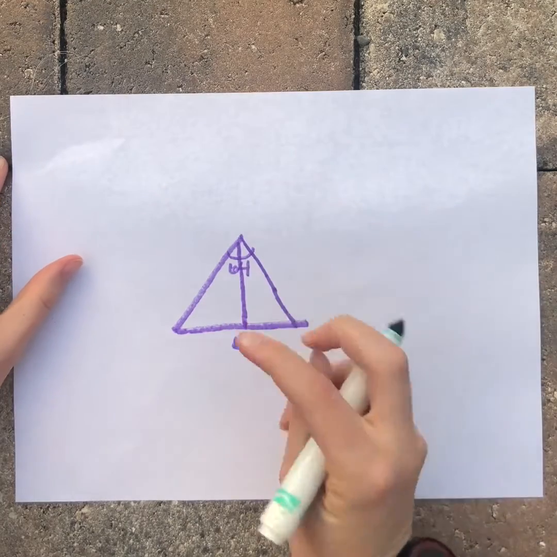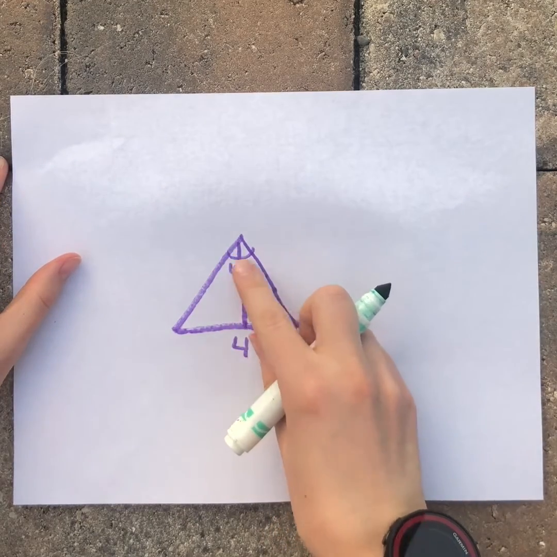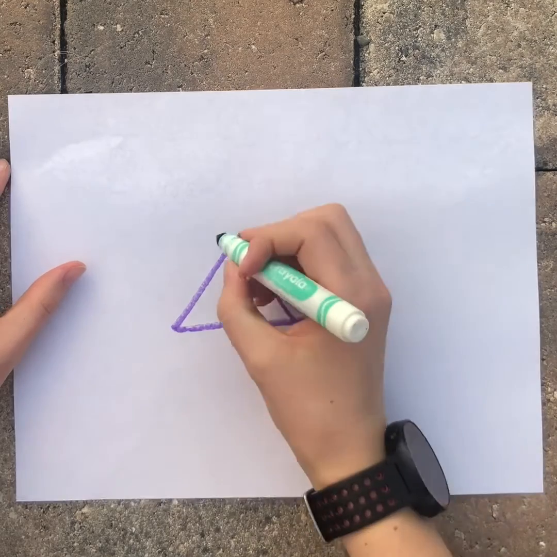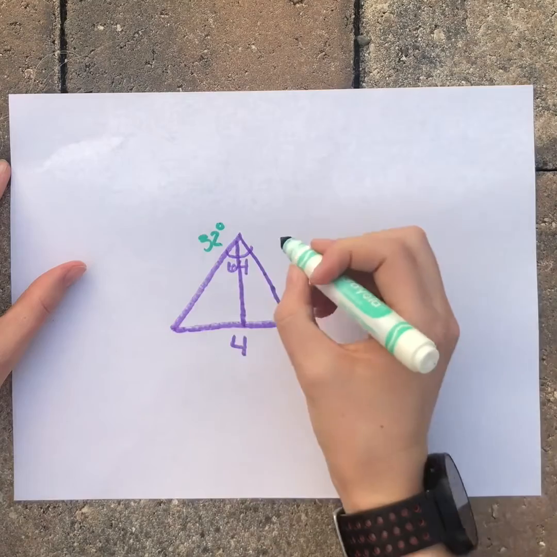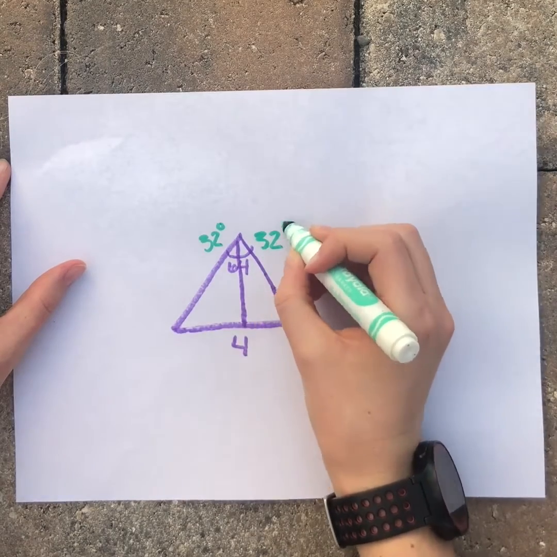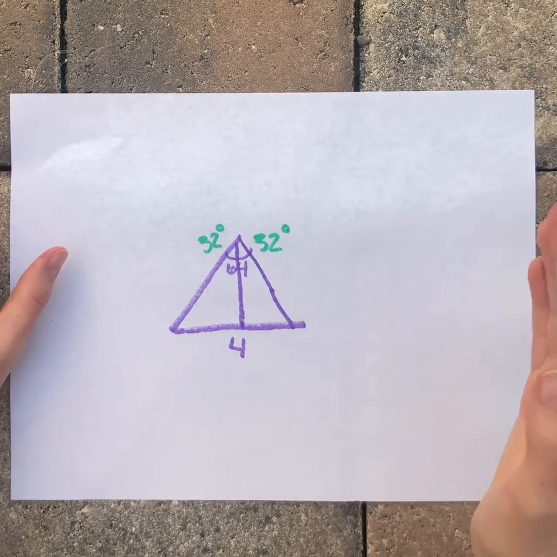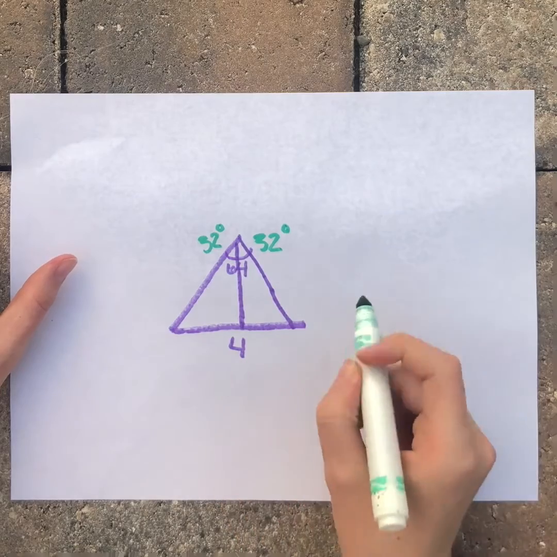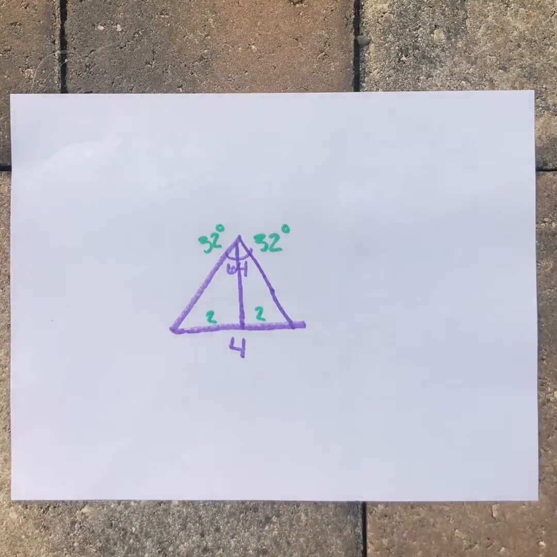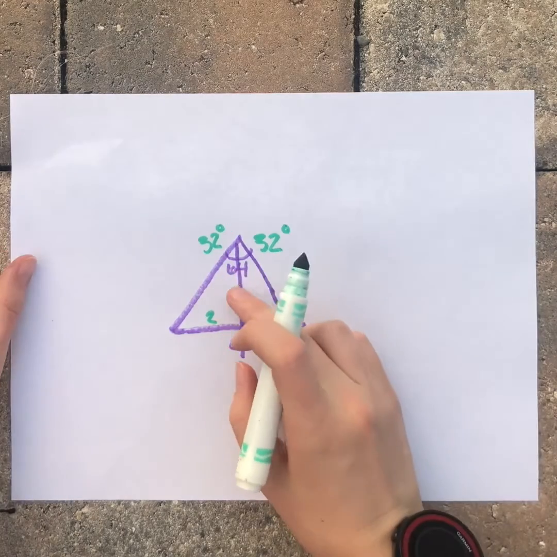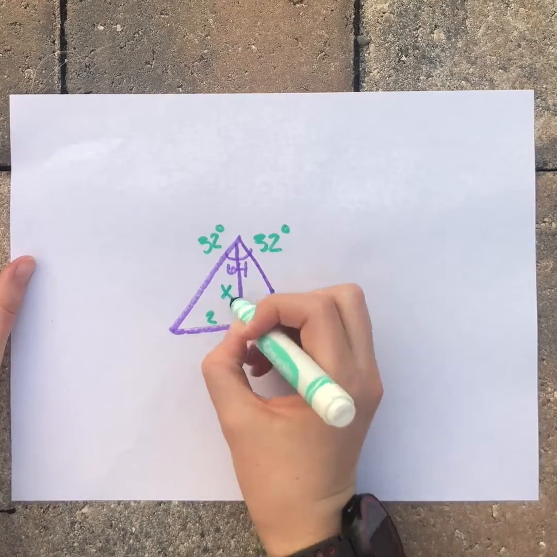So half of 64, since we split this angle in half, is 32 on one side of the triangle and 32 on the other side, since they are exactly the same. That means our base we split in half too. So it's 2 and 2. The only problem is we don't know what our height is. So we're going to mark it as x.